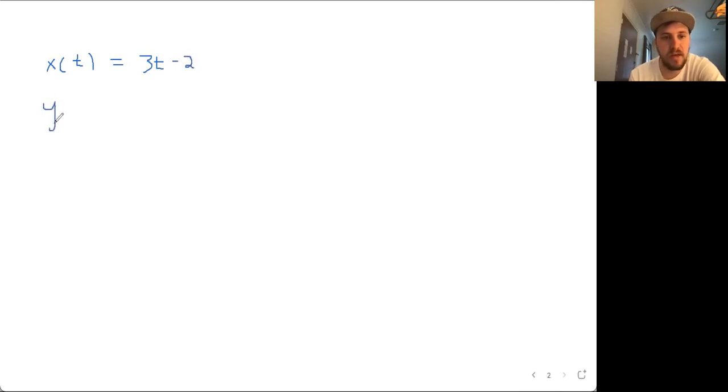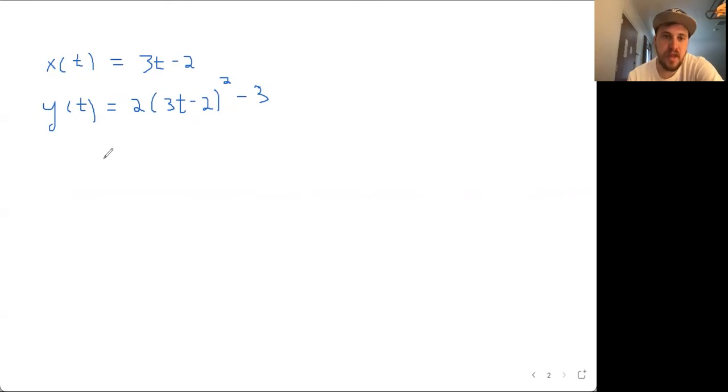And then y of t would become 2 times 3t minus 2 squared minus 3. And this looks like a completely different parameterization, and it is, but it is indeed the same curve. It's describing the same curve.